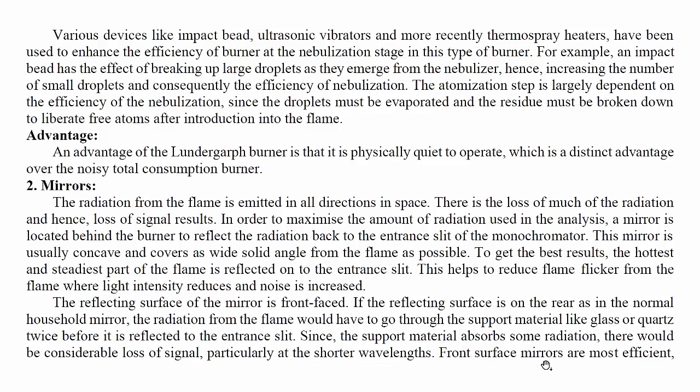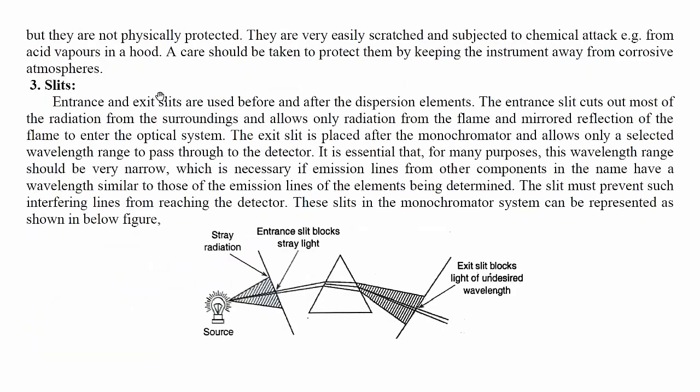Front surface mirrors are most efficient, but they are not physically protected. They are very easily scratched and subjected to chemical attack, e.g. from acid vapors in a hood. Care should be taken to protect them by keeping the instrument away from corrosive atmospheres.